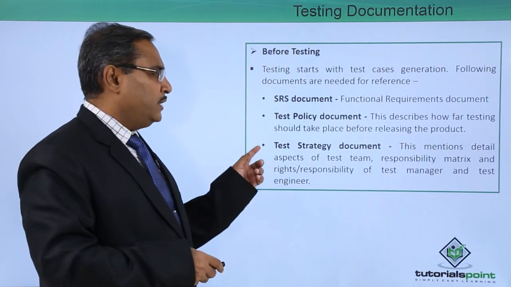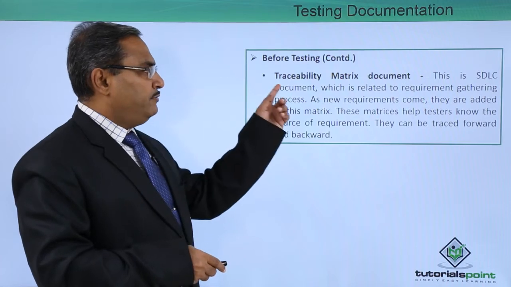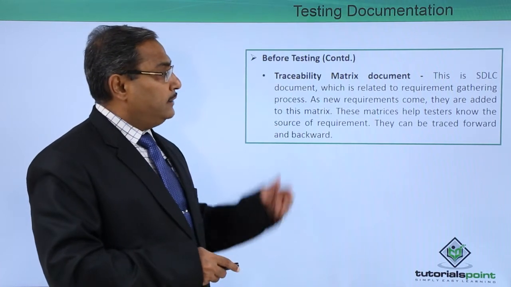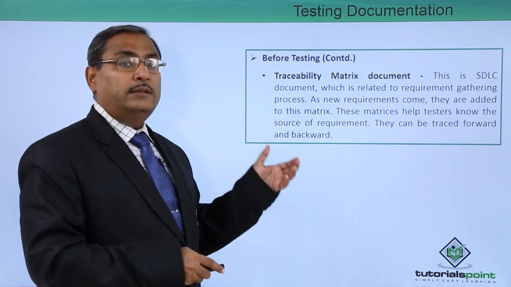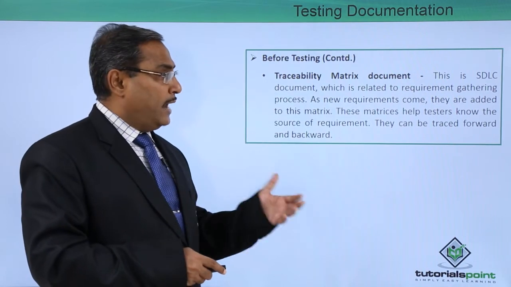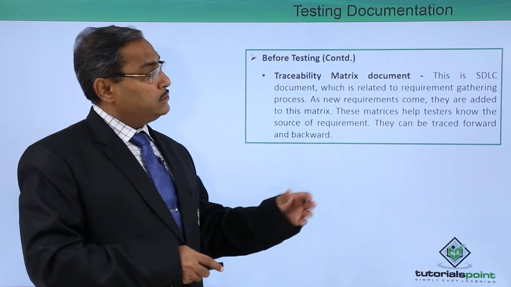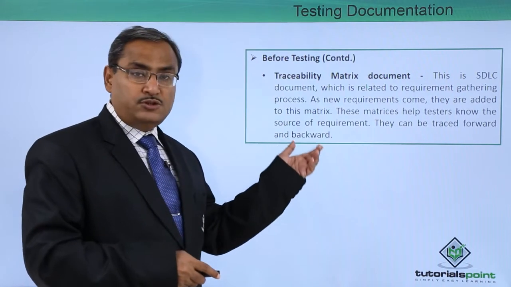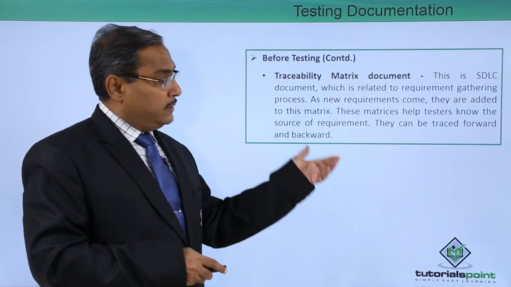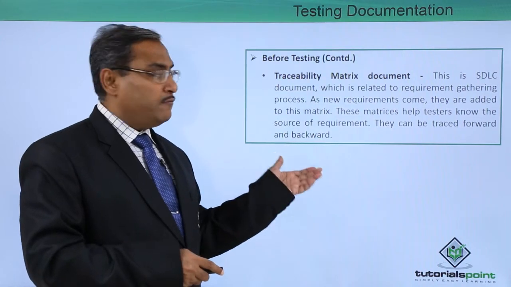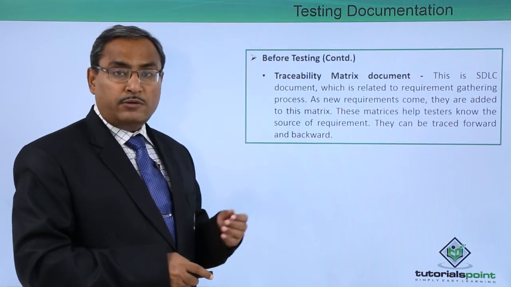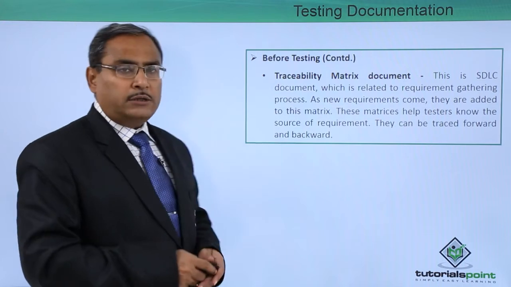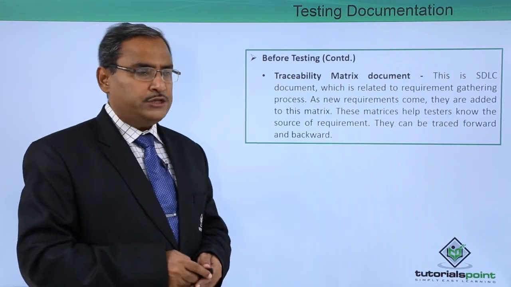And the last one is the traceability matrix document, an SDLC document where all the requirements are mapped, and when new requirements come, they also get an entry in it, so that the tester can access it for forward and backward tracing. This is the part of our before testing documentation.